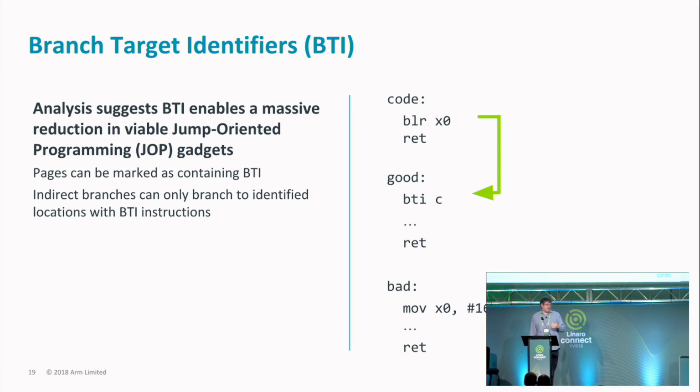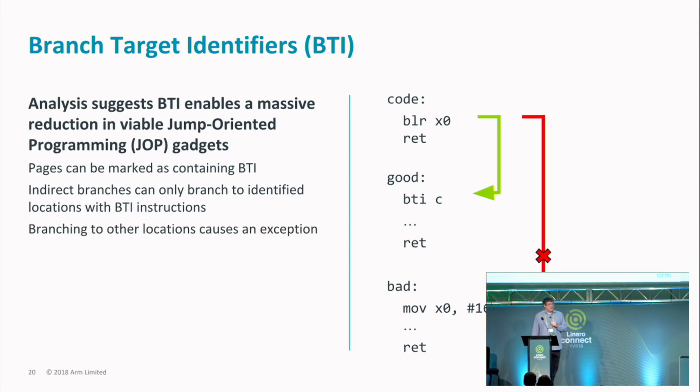So this green line is good because the BLR X0 is going to a BTI. The C stands for cool, so it's a cool BLR, and that's fine. But this would cause an exception because you're branching to a move instruction in a BTI page, and a move instruction isn't a BTI instruction, and that would cause a fault.